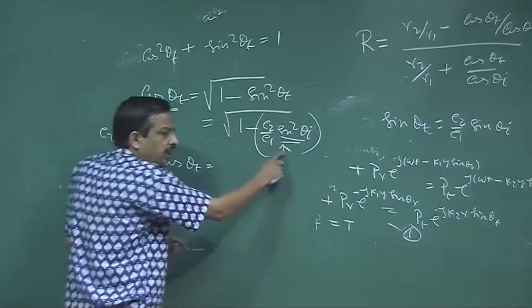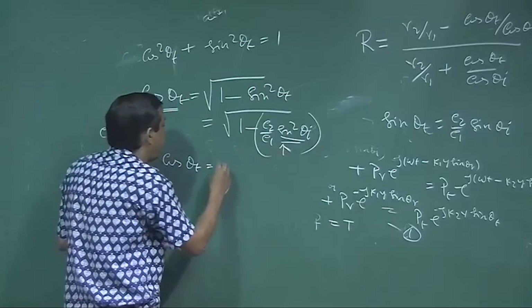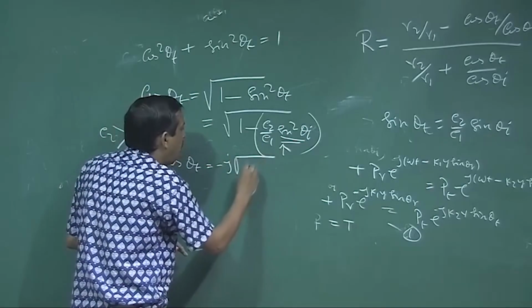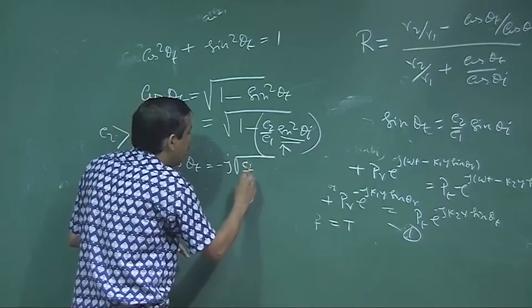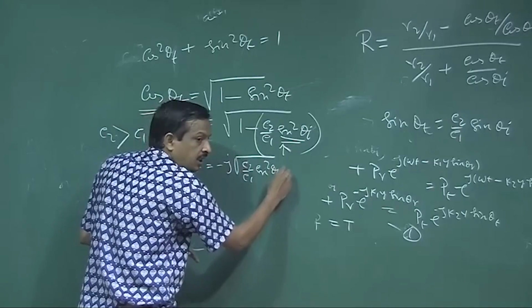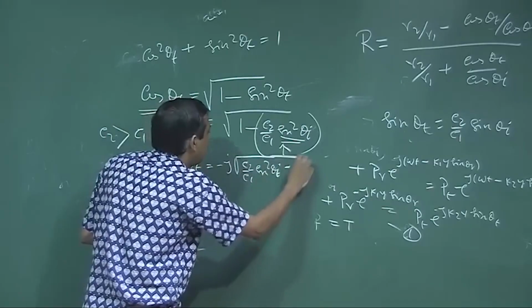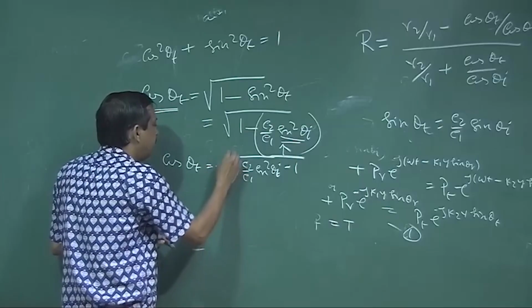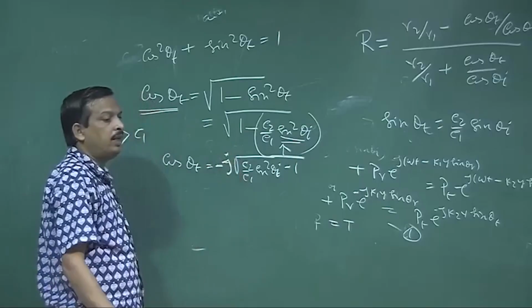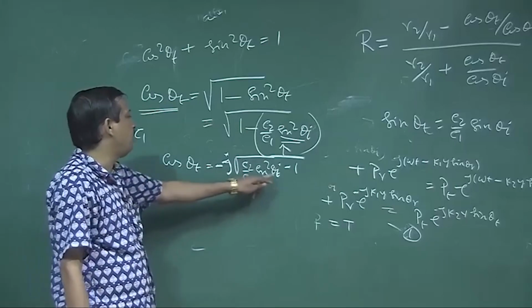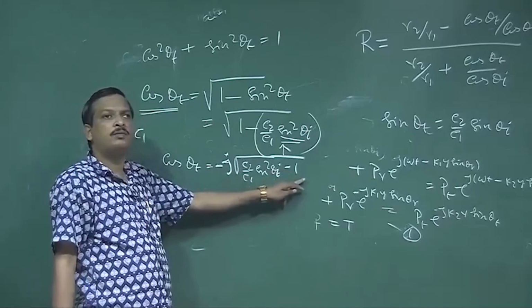Okay. So, if it is greater than 1, then cos theta t is nothing but minus j root over of C2 by C1 sin square theta I minus 1.